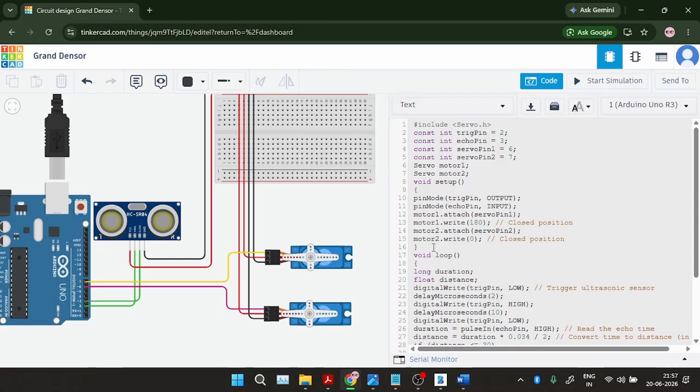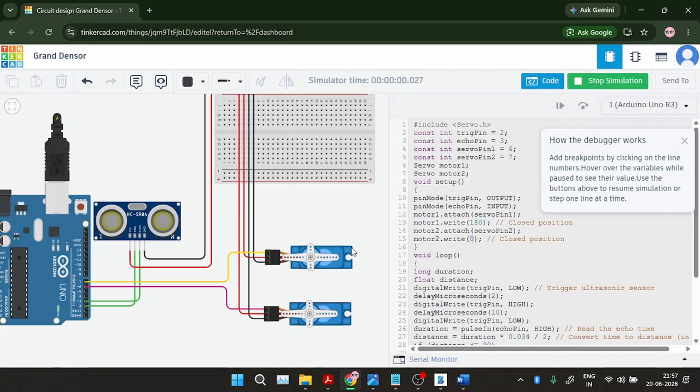See, initially, servo motor 1, which is connected to pin number 6, has to rotate an angle of 180 degrees, and servo motor 2 is idle at its initial position. So it is stopping at 0 degrees, and this is rotating an angle of 180 degrees.